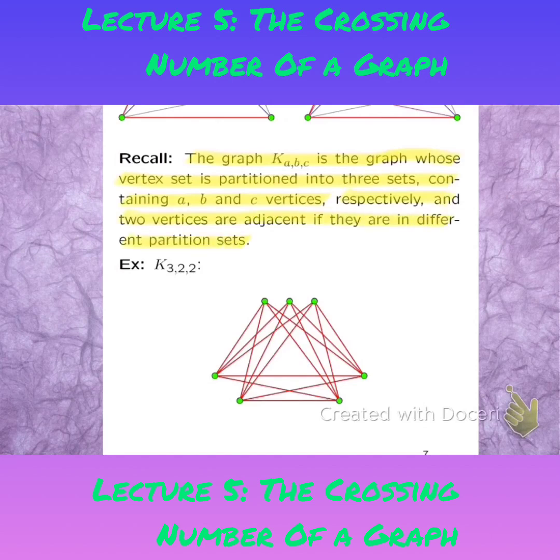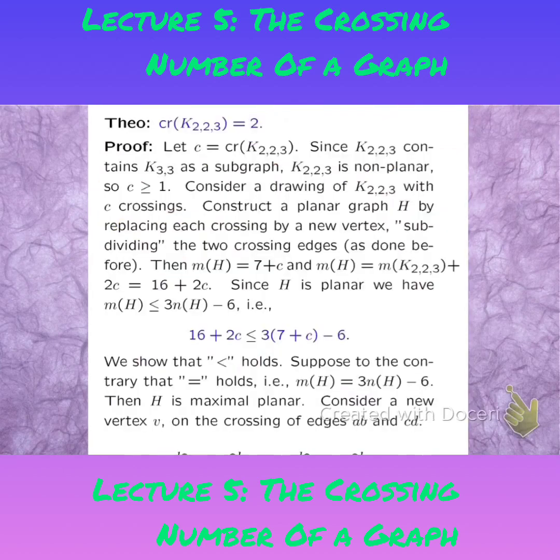So as an example, K_{3,2,2} is just 3 partite sets, 2 vertices in 2 of them, and 3 vertices in 1 of them, and we join all the edges between the partite sets. We don't add edges between vertices in the same partite set. So now, what is the crossing number of K_{2,2,3}?